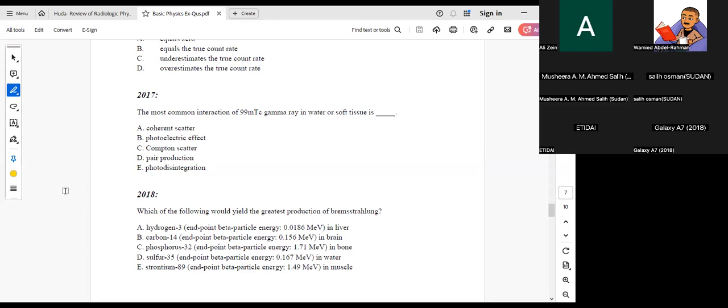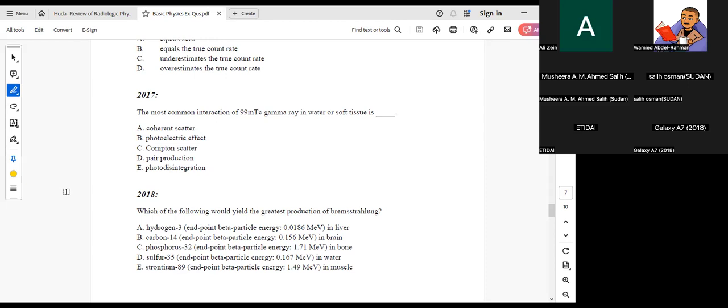This is basically what we've been talking about: the intensity of Bremsstrahlung is a function of the energy of the particle. So we would expect that C will have the highest Bremsstrahlung produced, because the betas will have the highest energies, 1.7.